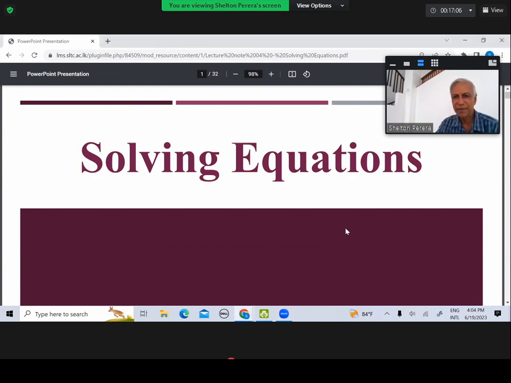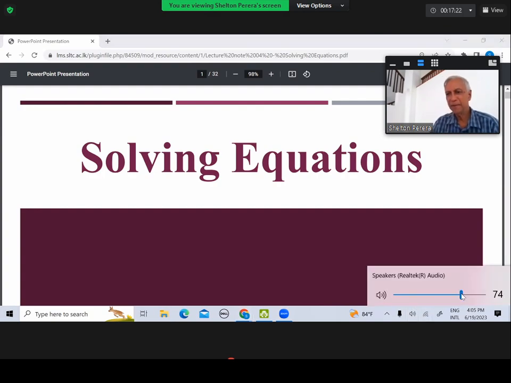Solving equations. Can you all see the screen? You can see the screen, no?